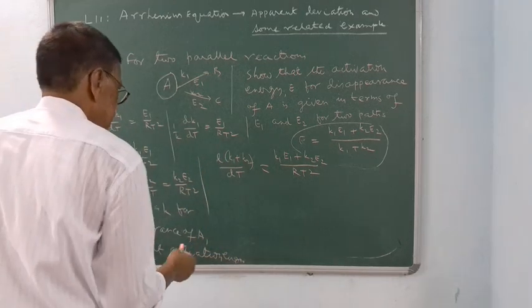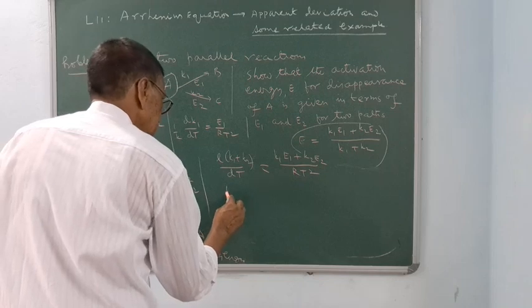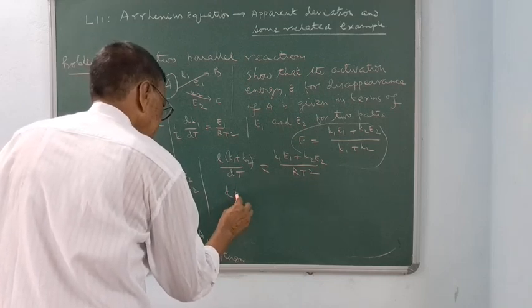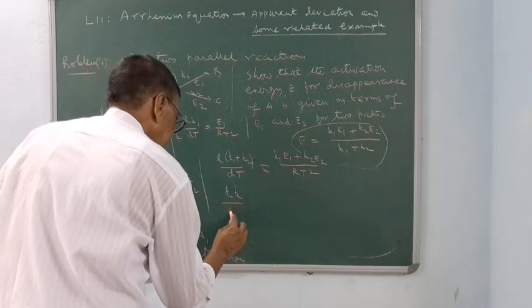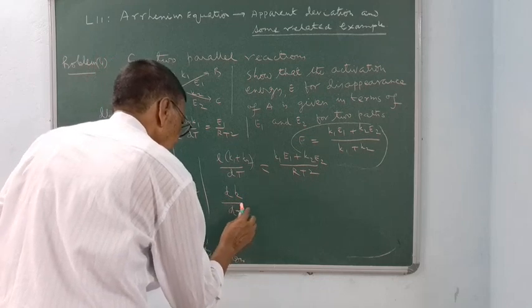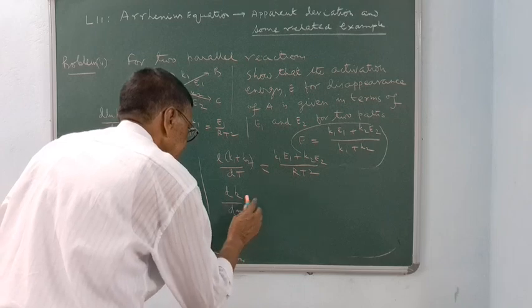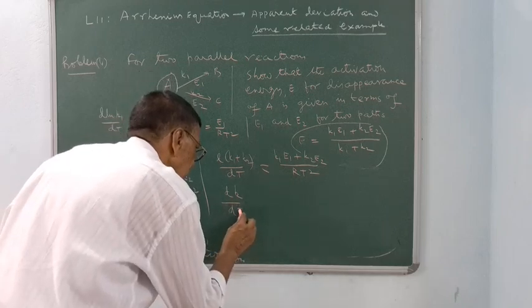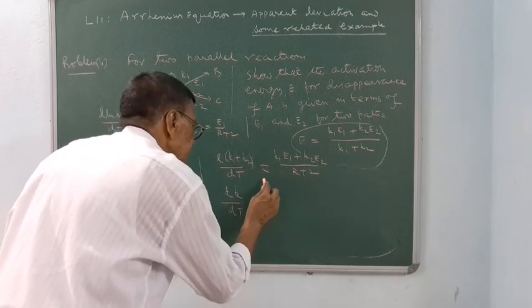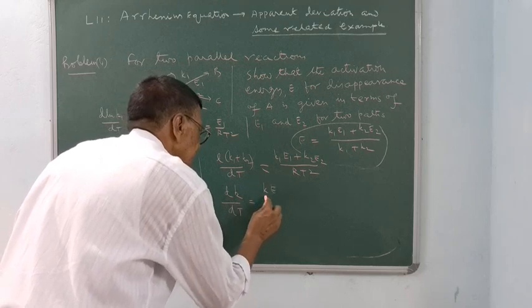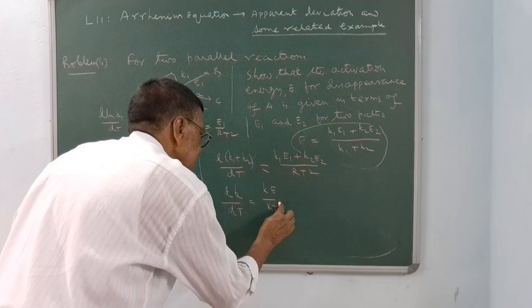Then in this case also dk by dT equal to k E divided by RT square.